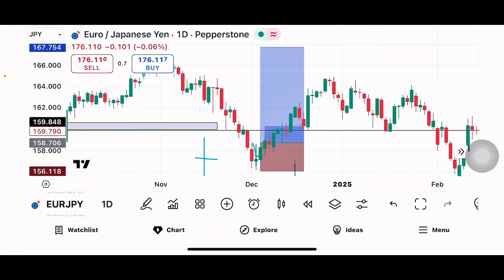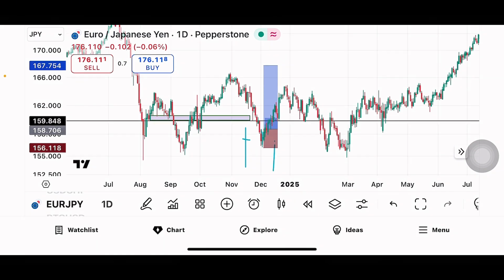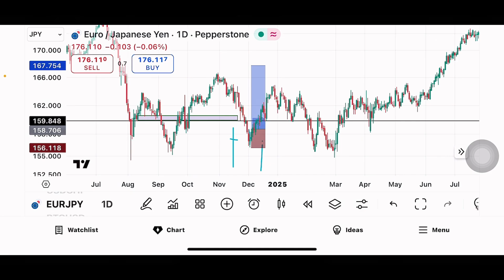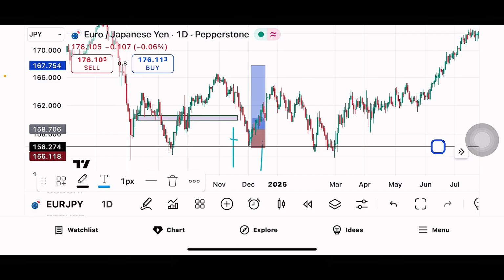If you zoom out, you're going to see that most likely it's going to go in your direction. But here, we actually stopped out. The market went up, but at the end, it came down. If your stop loss was below this portion, you would have been stopped out. But the market eventually went up, and it actually gave you some profit before it went down.